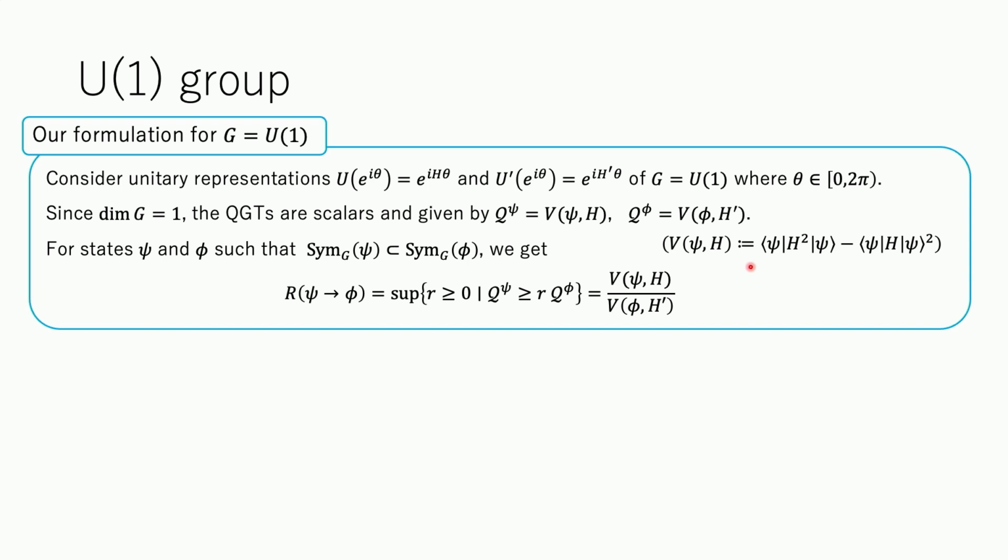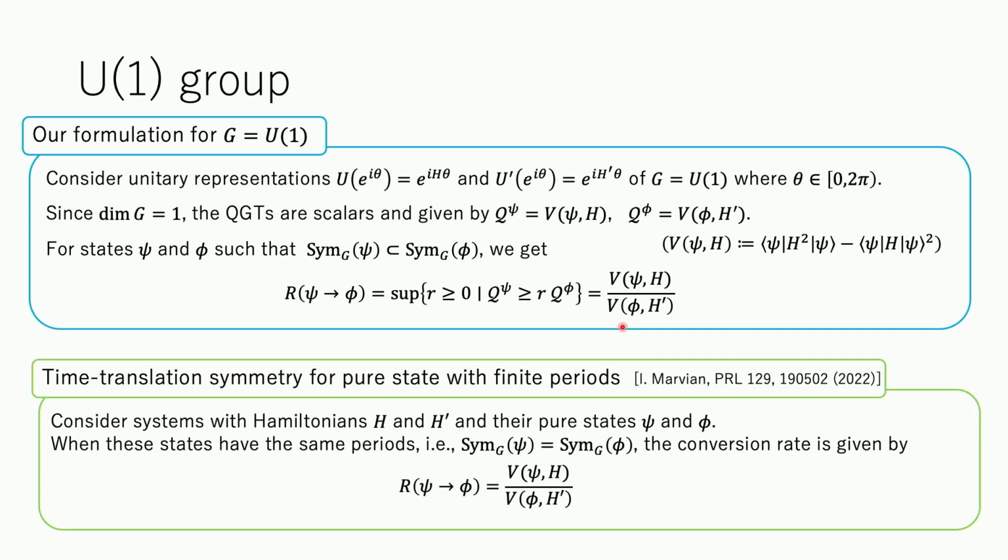So by using our formula, we can calculate the conversion rate given by the ratio between the variances. And this result reproduces prior research on time translation symmetry, where the conversion rate is calculated among pure states having the same period. Importantly, the assumption on the period in the prior research is now mapped to the assumption on the symmetry subgroups.